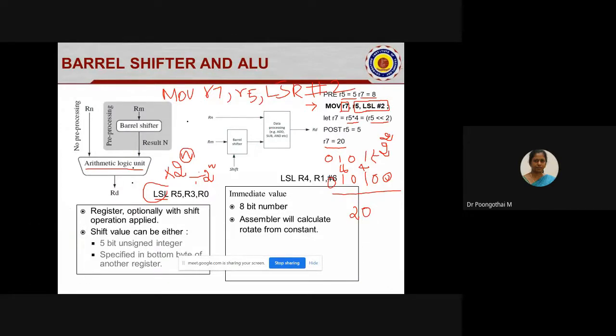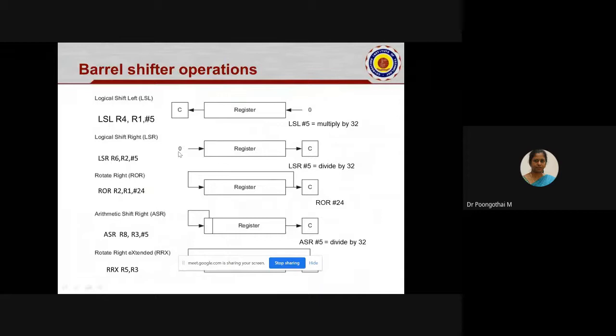See here, you can use LSR hash to find out the answer. For a right shift operation, you have to insert 0 at the leftmost end.